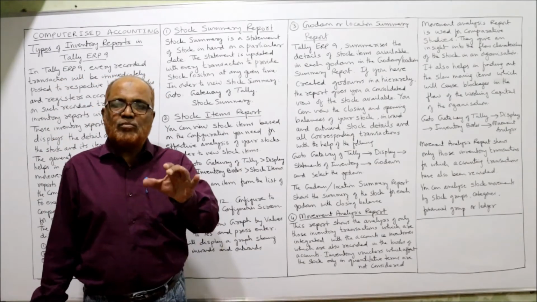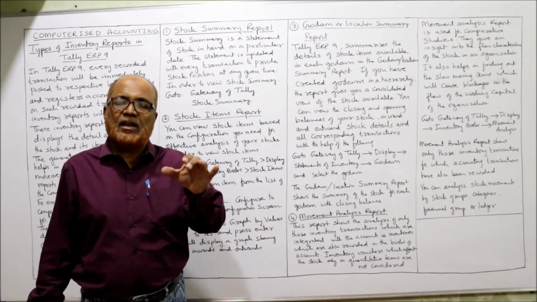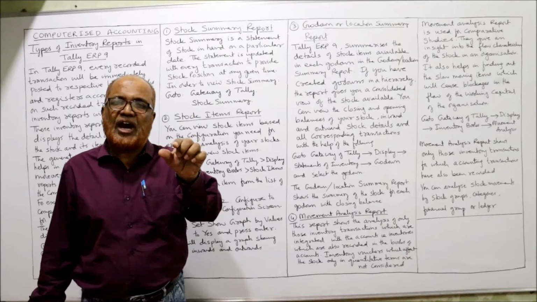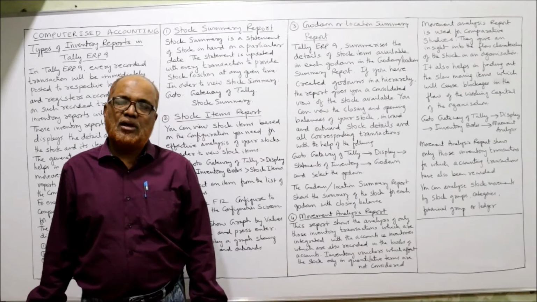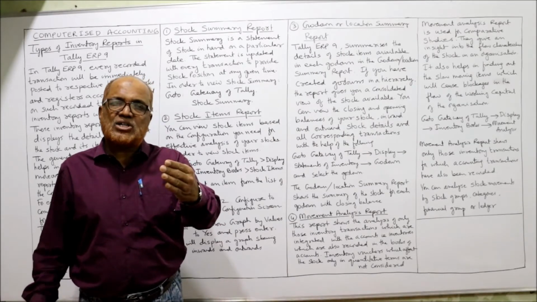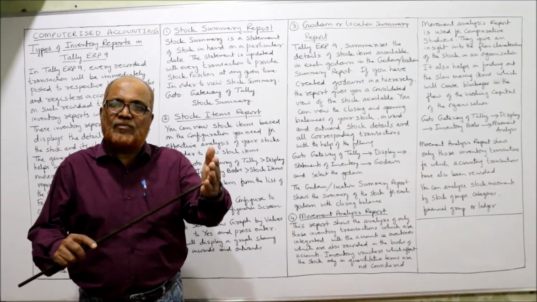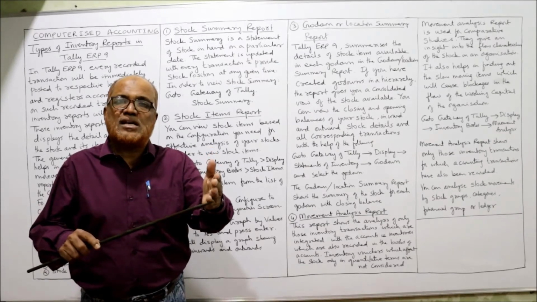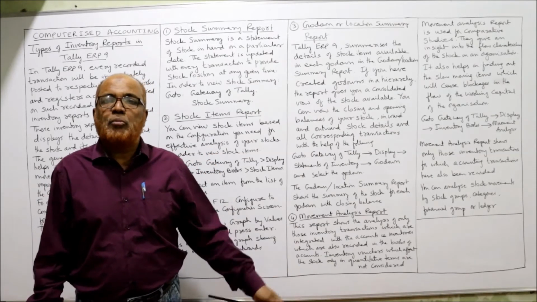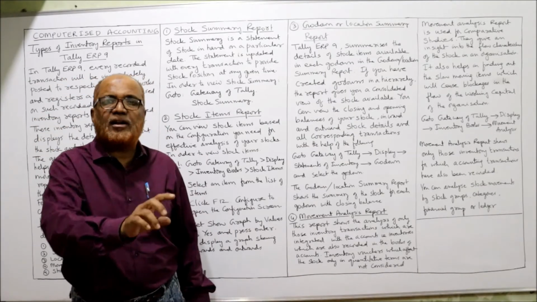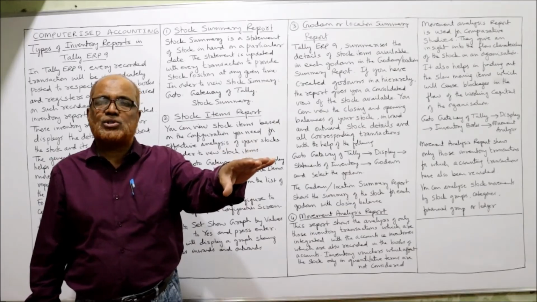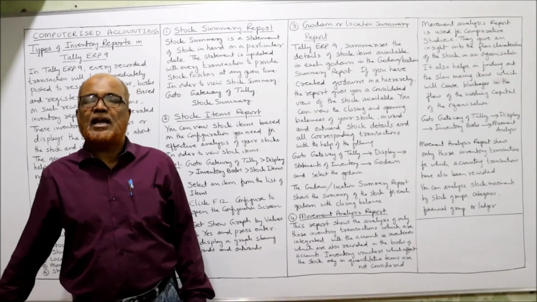That means this report will give only those inventory items which are recorded in the books of accounts. Any transaction recorded in the books of accounts will come in the movement analysis report. Any transaction which is not recorded in the books of accounts will not come in the movement analysis report.